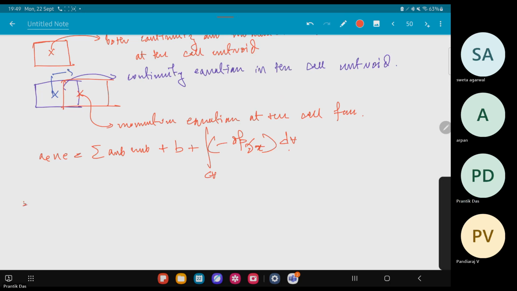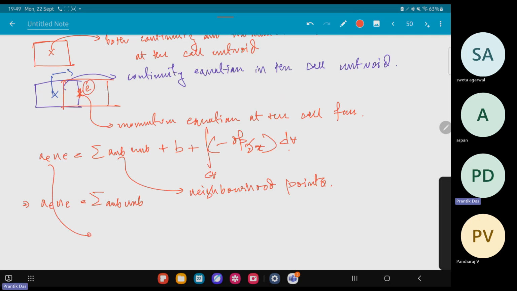Okay, so this A_E u_E is basically equal to sum of A_NB u_NB. NB are basically the neighborhood points, and A_E u_E is basically this east face. So small e is basically the east face itself. Is it clear to all of you?